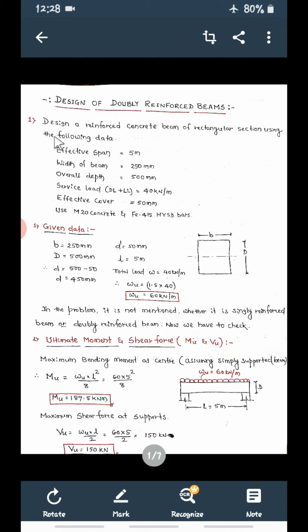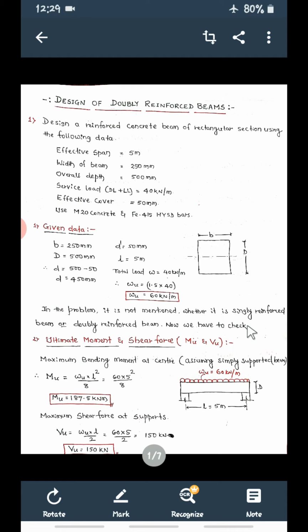In an examination, if you see a problem like this, first check whether it is singly or doubly reinforced. If it is singly reinforced, refer to the previous problems we have solved. Now for a doubly reinforced beam, we are going to see this. In this problem it is not mentioned, so now we have to check.